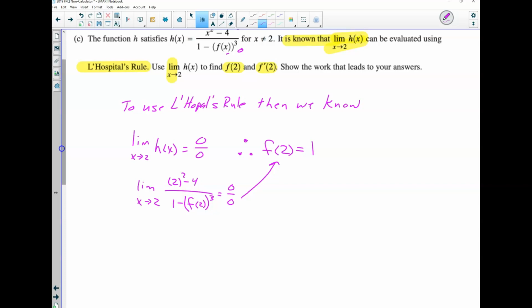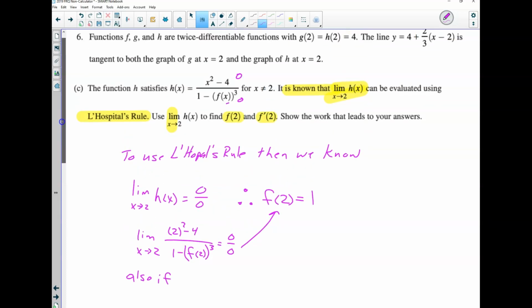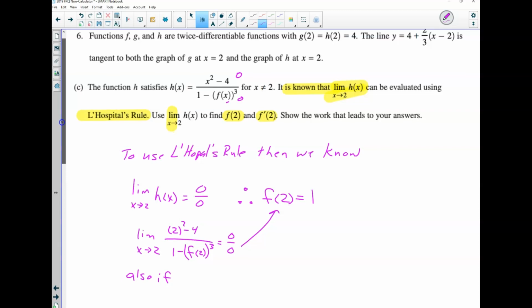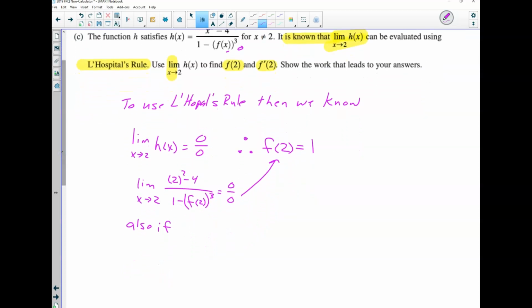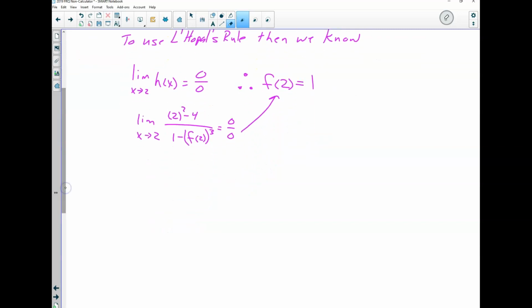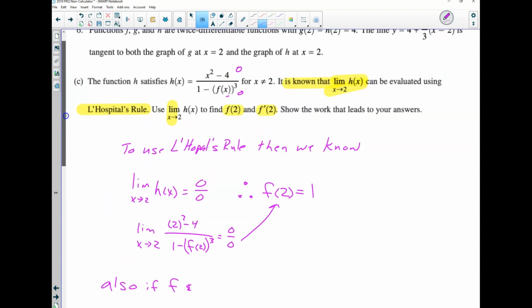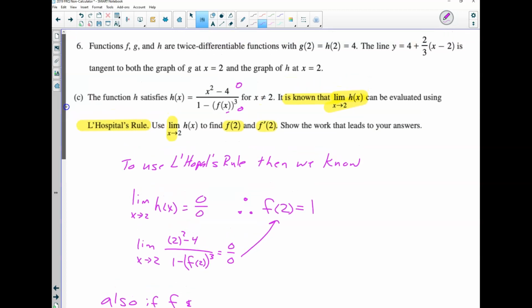Then I went on and said, also, because we want f of 2, if f and g, but I only need f.